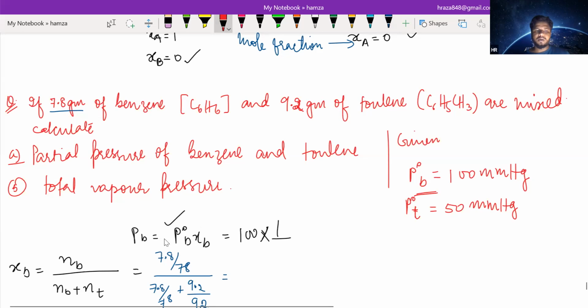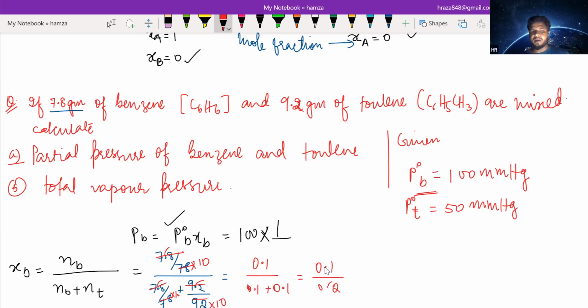Again, if you are going to remove this decimal, it will be divided by 10 in the same way everywhere. And now you can say 78, 78, 92, 92 will be cancelled. 1 by 10, that means 0.1 upon 0.1 plus 0.1. So basically it is 0.1 by 0.2. We can cancel this decimal and it will be 1 by 2.